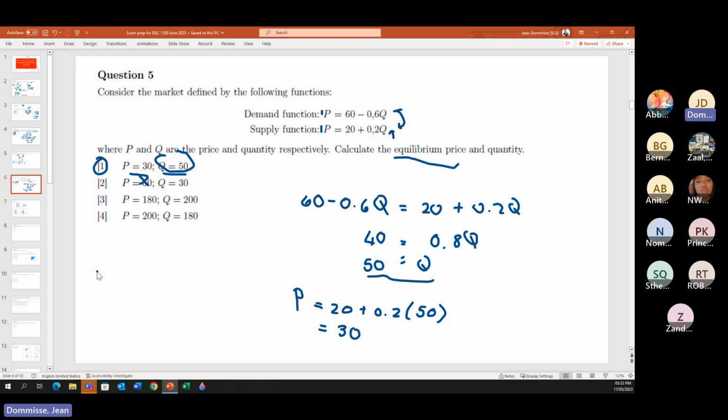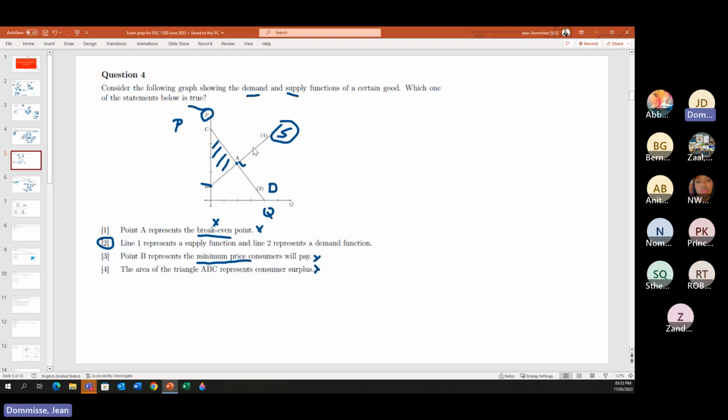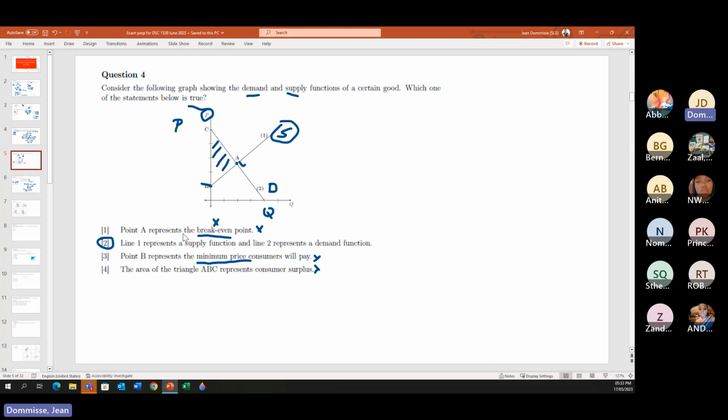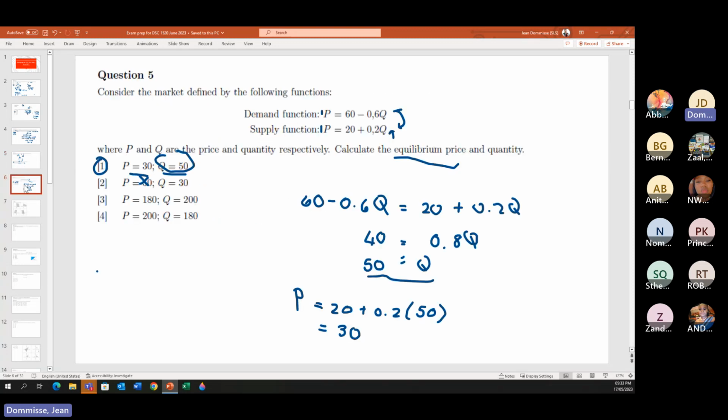So question 5, nearly use something like this, and just ask it a bit differently. So basically, it asks us to in a sense work out that point. Okay, so we've now had the demand and supply function. We had it where it was in a graph. We had a log that we needed to do.